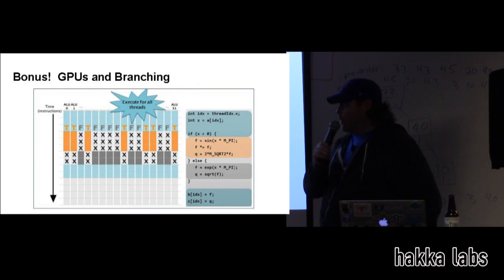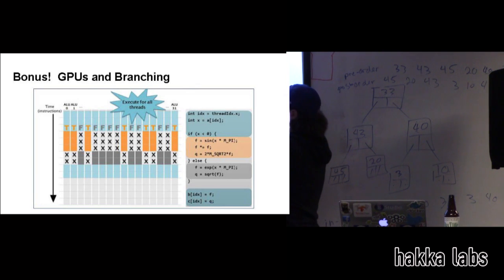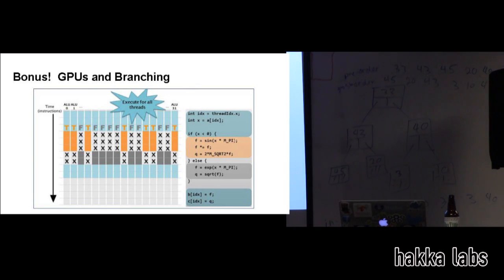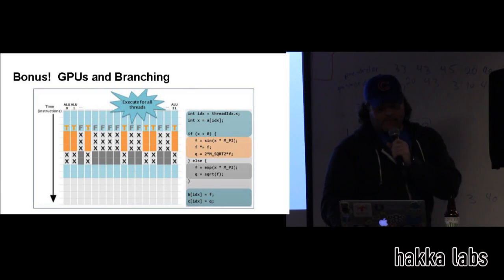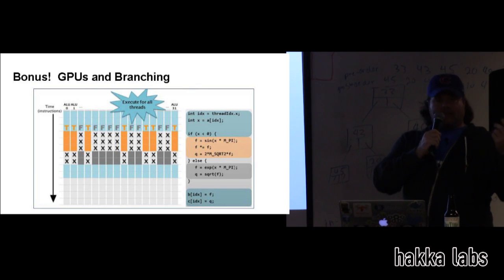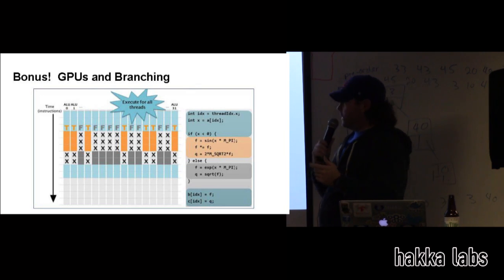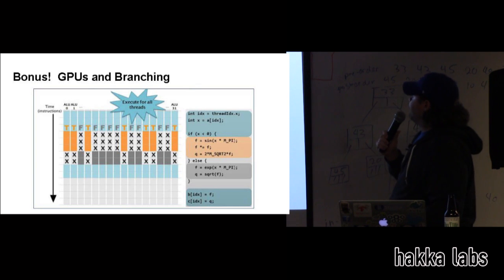So let's say now that you're branching. Let's take this piece of code, the blue section here. Now these are all the cores, so these are all threads. With GPUs there's a crazy amount of cores, like 4,096 cores. Super lightweight threads, and the switching costs for these thread context switches are super small.